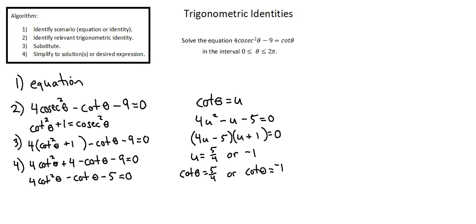And again, the substitution is optional, so instead of using the u substitution, you can simply factor the original trigonometric equation. From here, I'll switch to my reciprocal trigonometric function. Tangent theta equals 4 over 5, or tangent theta equals 1 over negative 1, which is also negative 1.